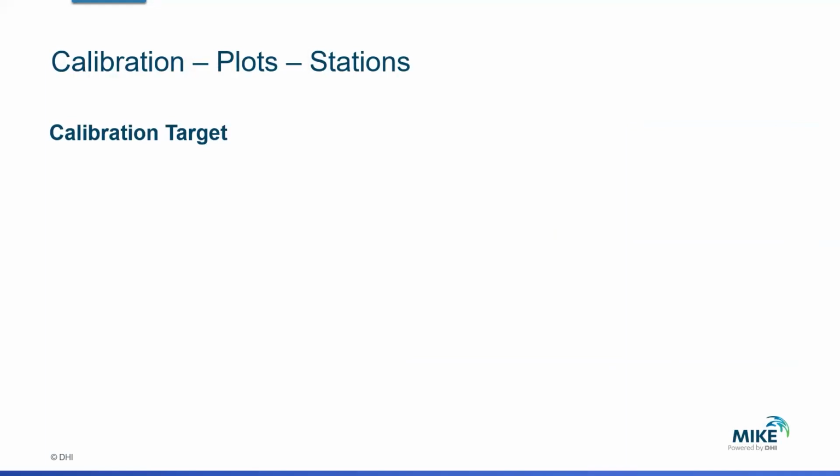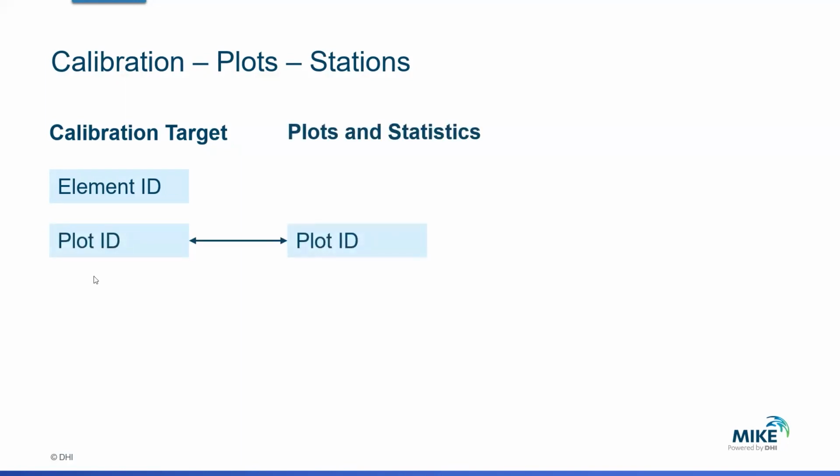I nearly forgot. So calibration, plots and stations, how do they fit together? Well, the calibration target has an element ID. This was the junction ID 5 in our case, and a plot ID. The plot ID is the same as in plots and statistics.